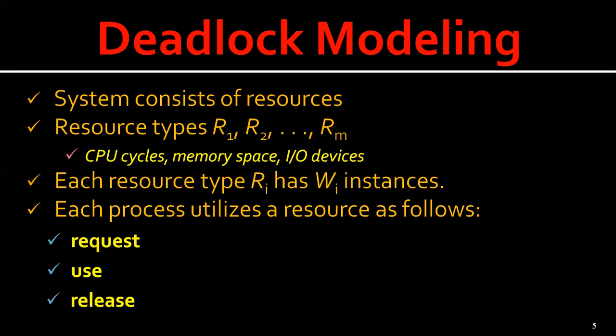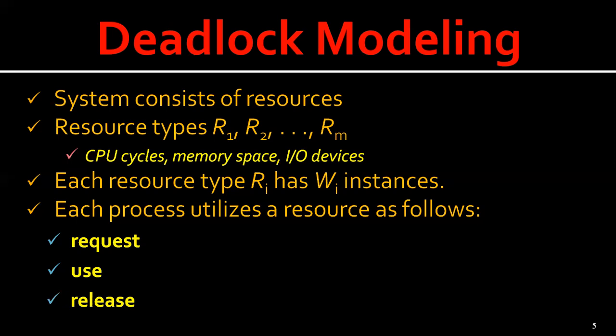So under the normal mode of operation, a process may utilize a resource in the following sequence: request, then use, and after using it, release. If the request cannot be granted immediately, then the requesting process must wait until it can acquire that particular resource.